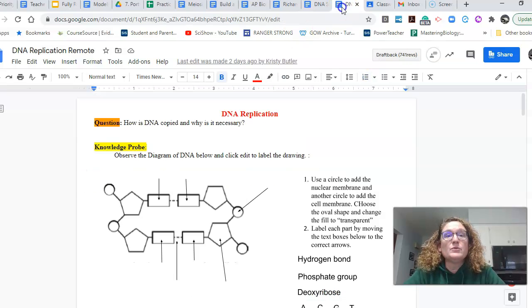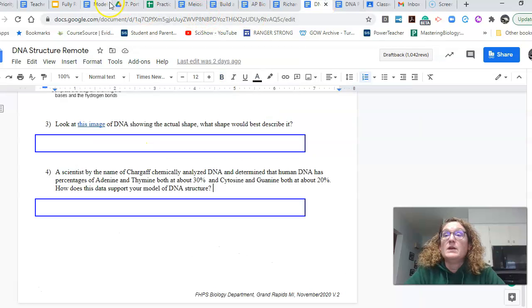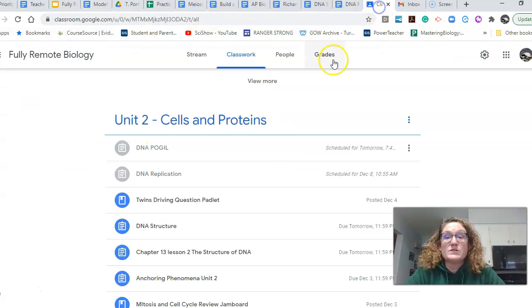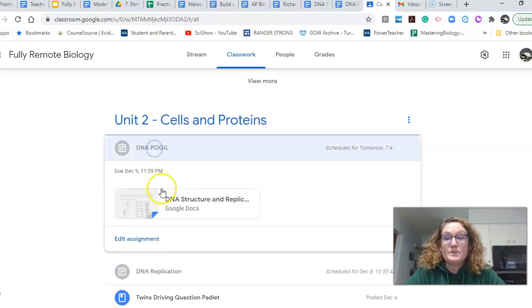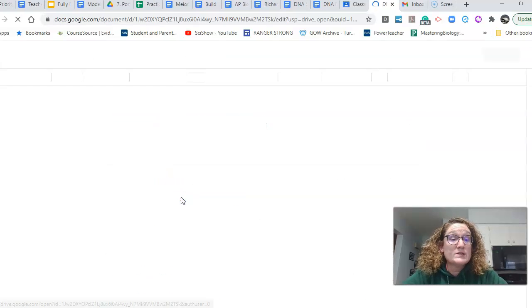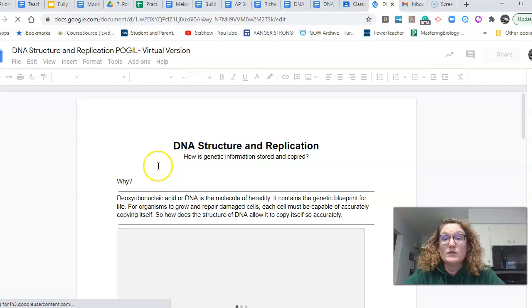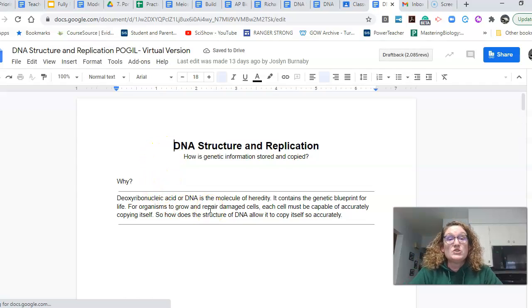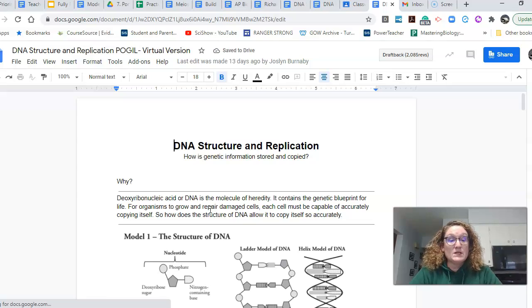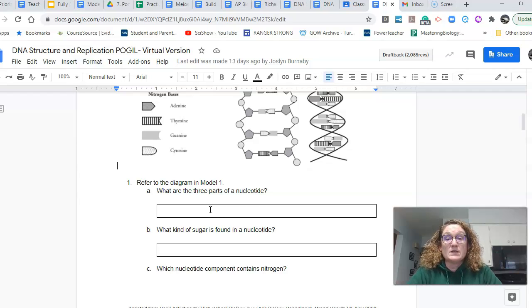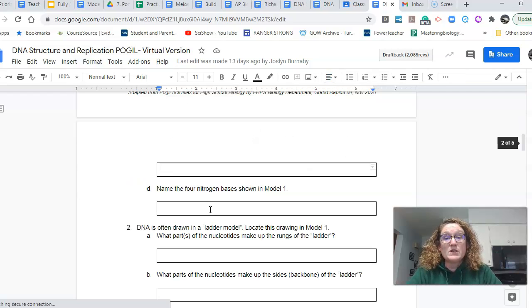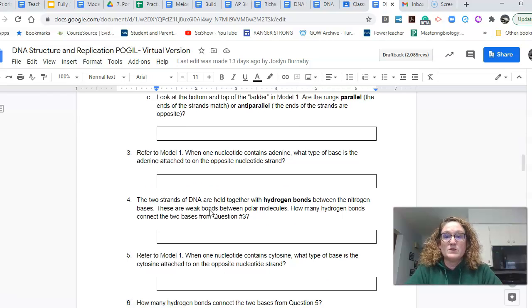Then I want you to work through the DNA POGIL, okay, which you'll see on Classroom. And you're going to do just Model 1. So as you look at this assignment, again, like always, make sure that you read. This should reinforce what we did with the DNA structure activity. You'll see the parts of the nucleotide there. Again, it's going to ask you about the structures of those. So this really should be review and shouldn't be too difficult to do.